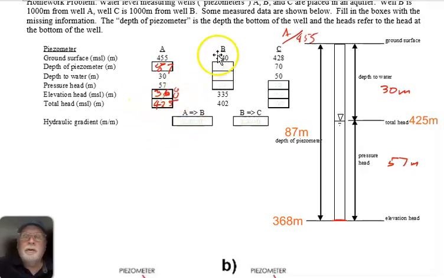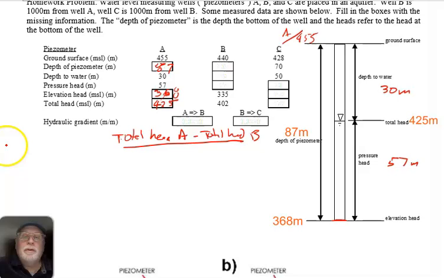And then we do that for all three of these, and the hydraulic gradient here, if B is lower than A, which looks like it is, is the total head at A minus the total head at B over the distance in between, which is 1,000 meters.